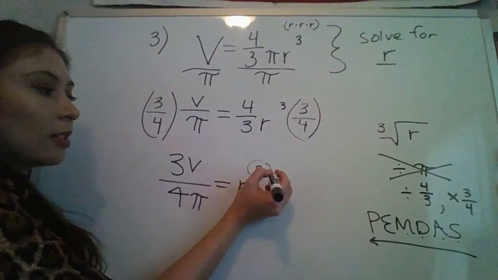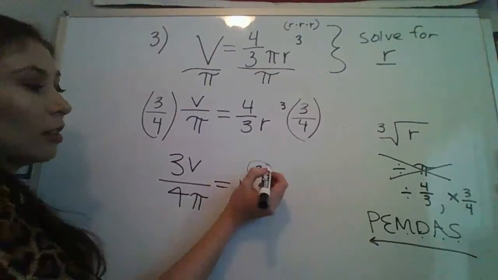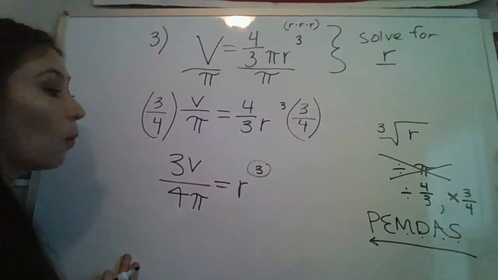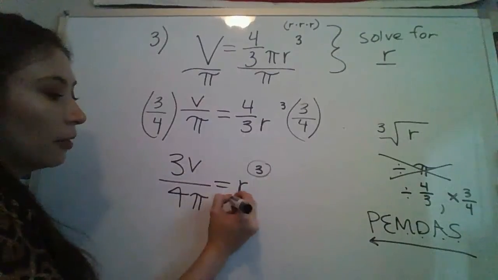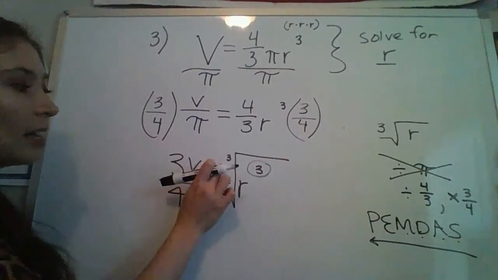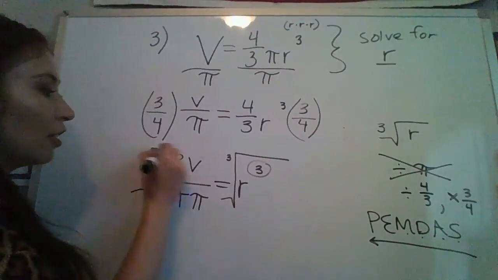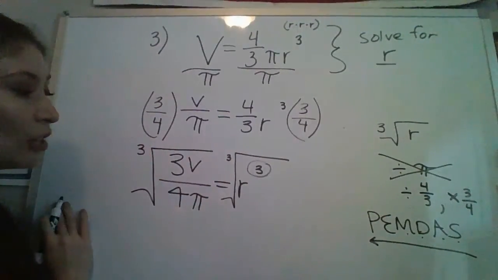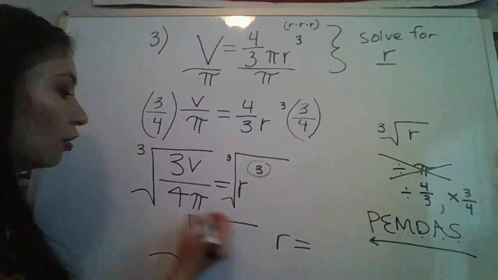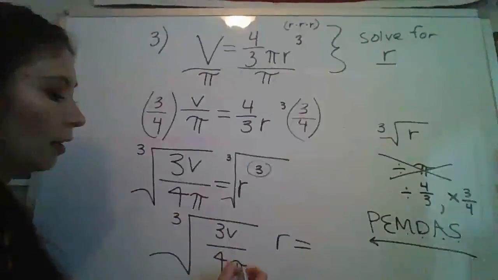So if this was raised to the power of 2, we would take the square root. If this was raised to the power of 5, we would take the 5th root. And we indicate what root it is by a little number in the left quadrant right there. So I'm going to take the cube root of r on this side and the cube root of r on this side. So our final answer is r equals the cube root of 3v over 4 pi.